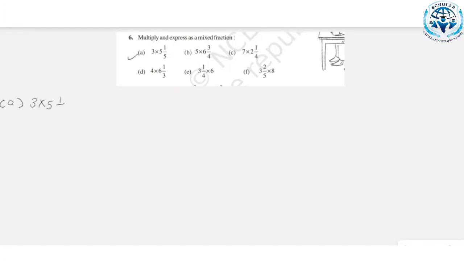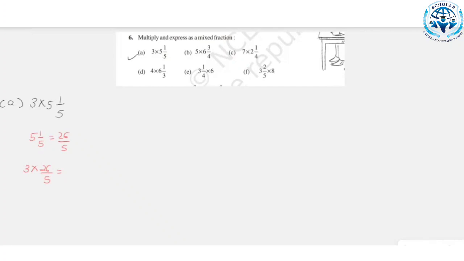Question number 6. Multiply and express as a mixed fraction. A. 3 into 5 1 by 5. 5 fives are 25, plus 1 is 26, so 26 by 5. That means the mixed fraction is converted into an improper fraction.